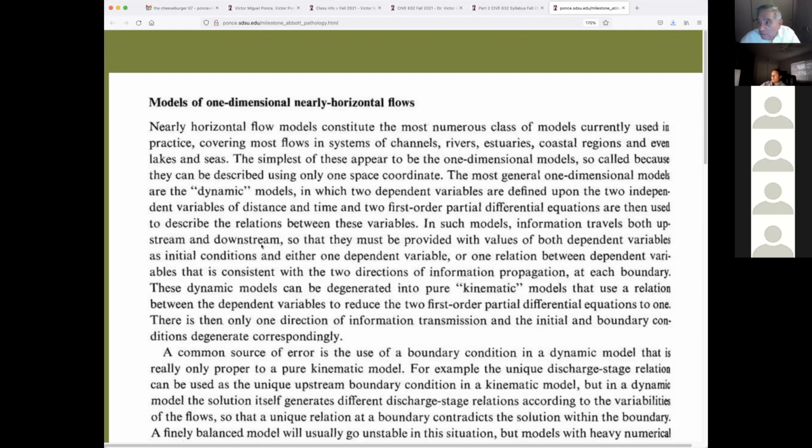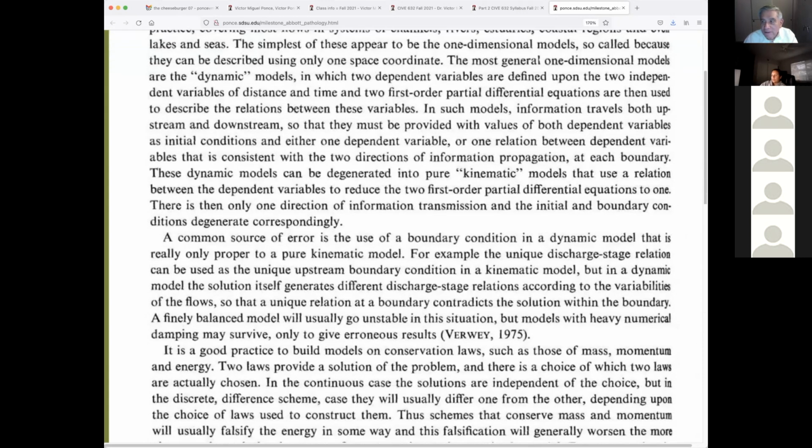One first, the fast wave, and then the slow wave. That's under supercritical conditions. Okay, so they must be provided with values of both dependent variables as initial conditions, and either one dependent variable or one relation between dependent variables that is consistent with the two directions. He's got an entanglement in there. It's two directions, dynamic, period. The second order equation has two directions.